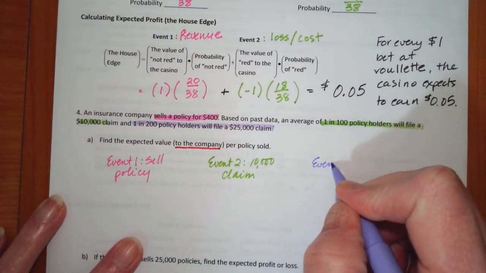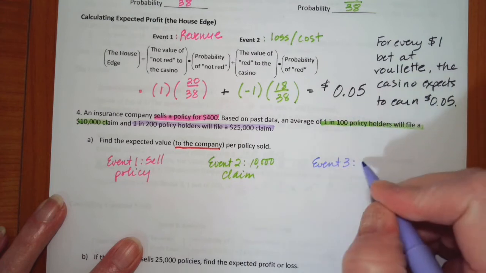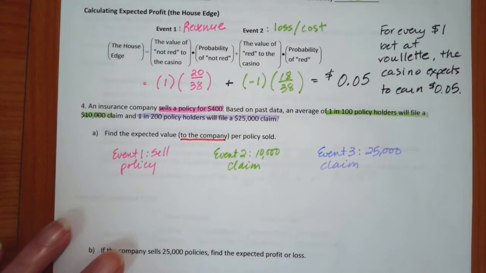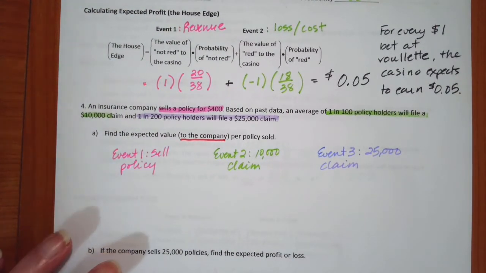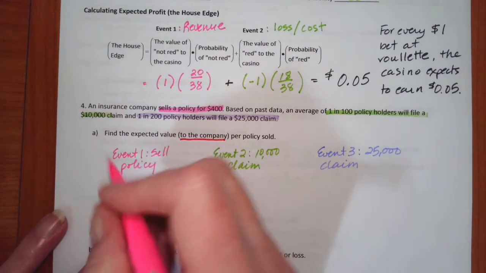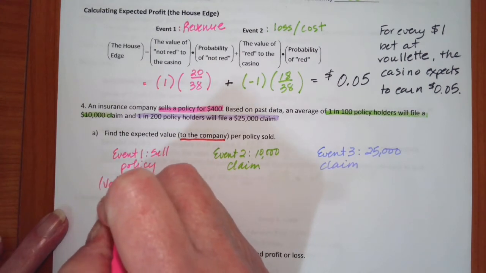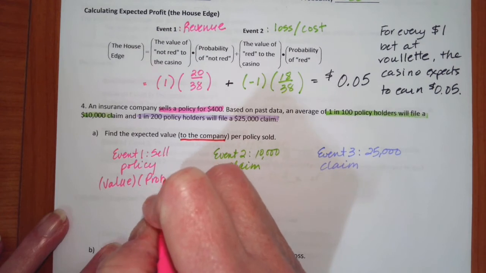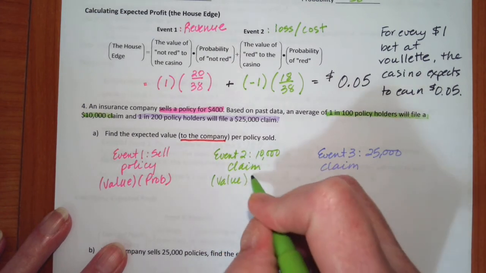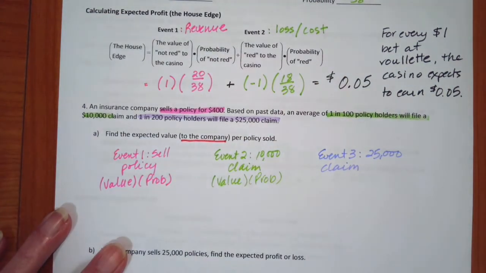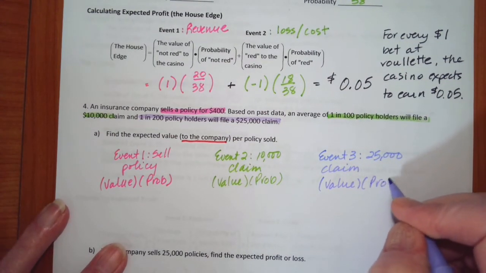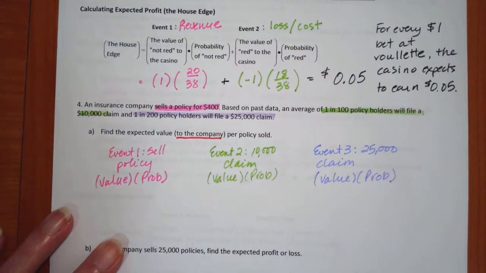So event 3 is a $25,000 claim. Just like before, we're going to have to find the value and the probability. For all of these, we're going to do value times the probability, and we're going to add these all together.